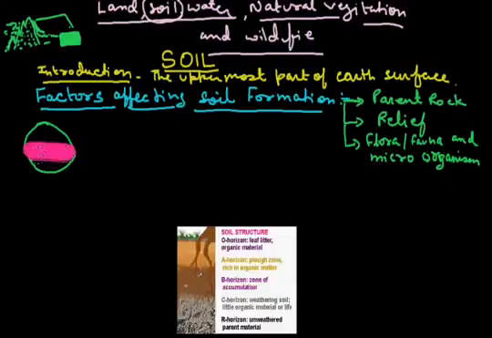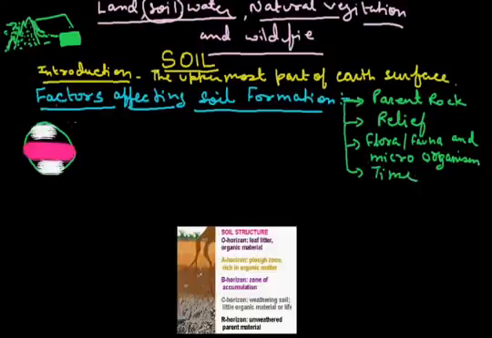Because of this we will see a dense type of forest here, which helps to create humus in the soil. On the other hand, in polar areas we will see very little flora and fauna, and because of this the soils are less fertile also. So it depends on the flora and fauna also.